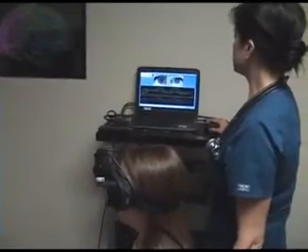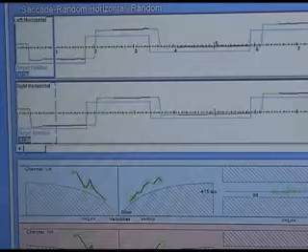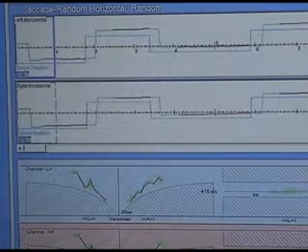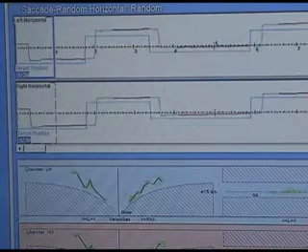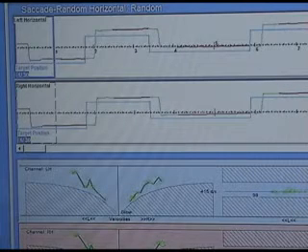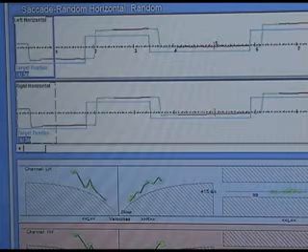Now let's look at some saccade VNG graphing. This is the printout for the saccade testing, and as you remember from the saccade demonstration, saccades are fast eye movements moving from right to left, and these are randomized movements.